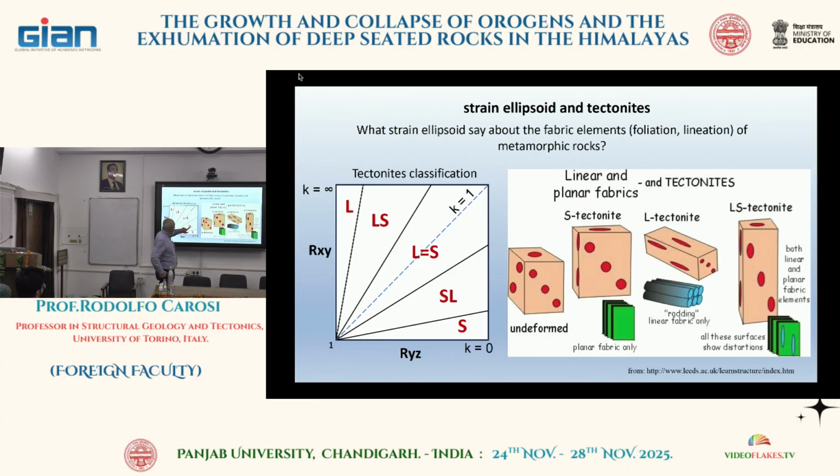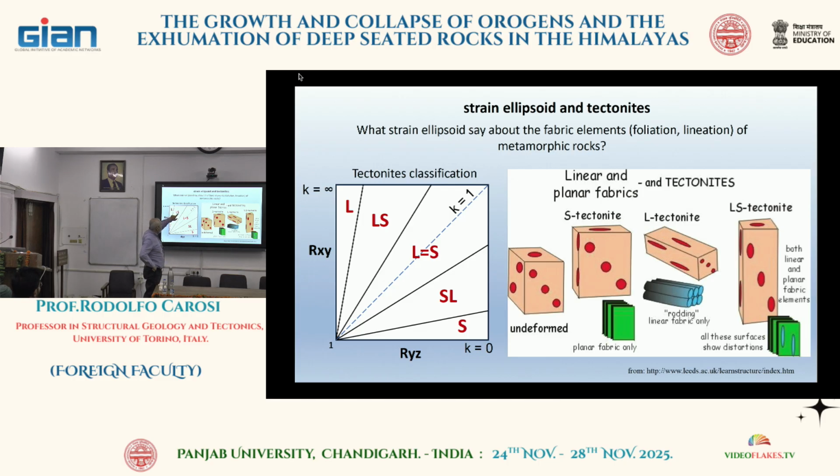Here you can start to have a lineation on the foliation. In this field, there is a better situation. You have a good foliation and a very good lineation, so you can verify very well the principal plane of the strain.